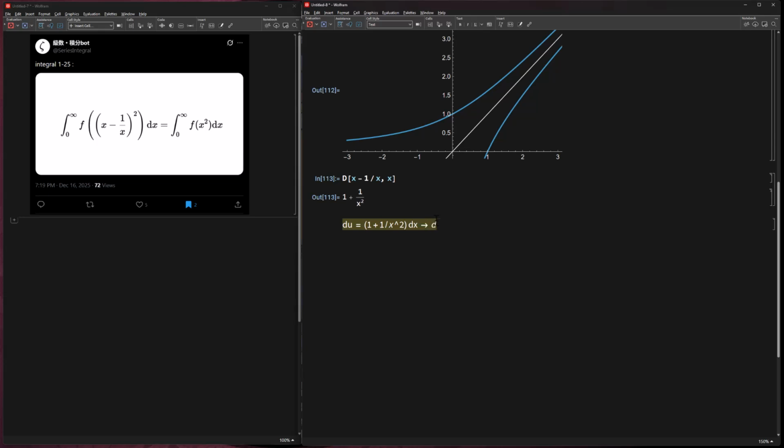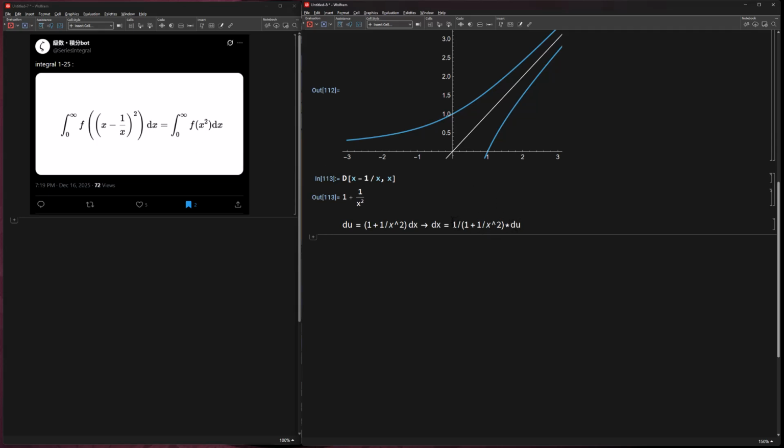So we want dx equal to 1 over 1 plus 1 over x squared times du. But eventually we want to replace dx with du so that you have f(u squared) times du as the integral. So u will be a sort of dummy variable.